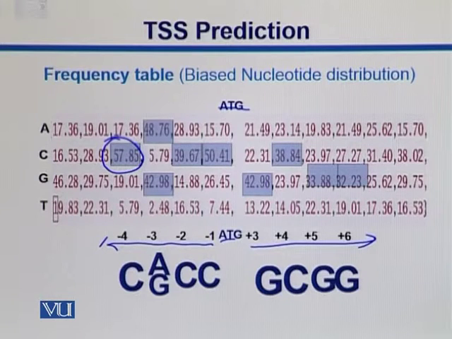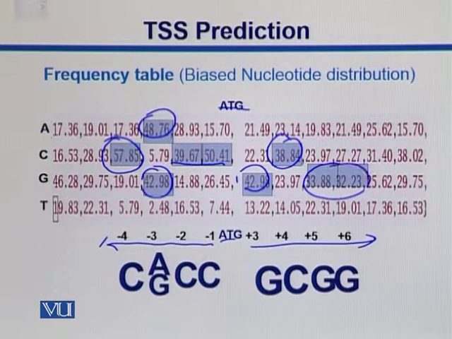At position number -3, A and G are somewhat comparable, and then we have C's here. If we look into +3, we have G's, C, and again G's here. So this is how we can come up with the frequency of some nucleotides around these start sites.